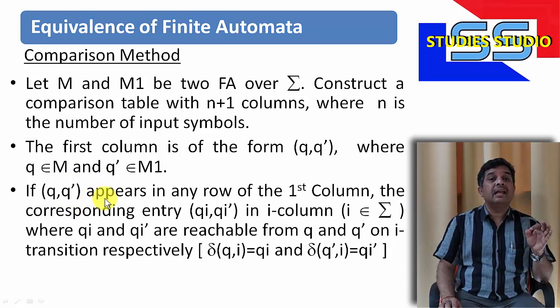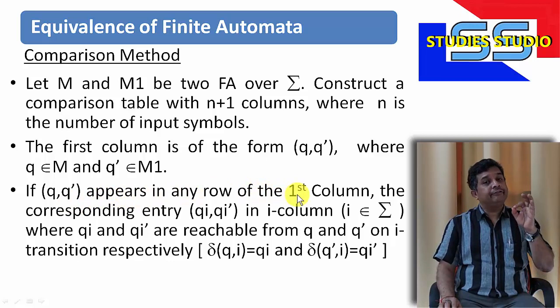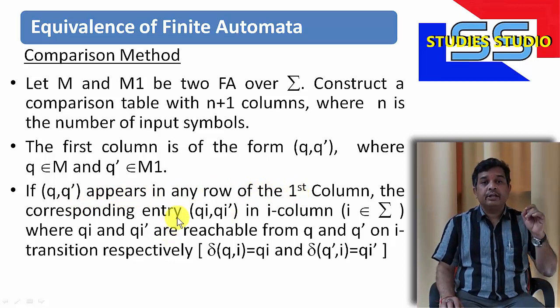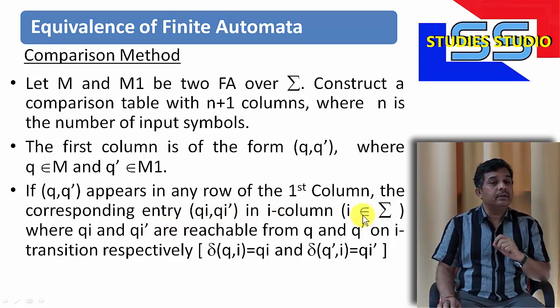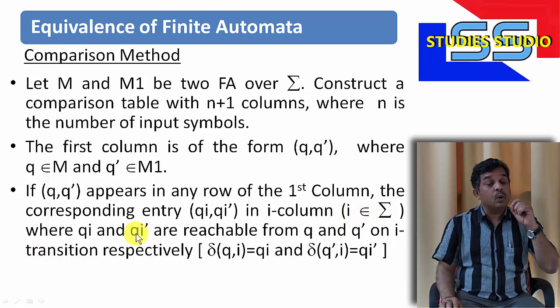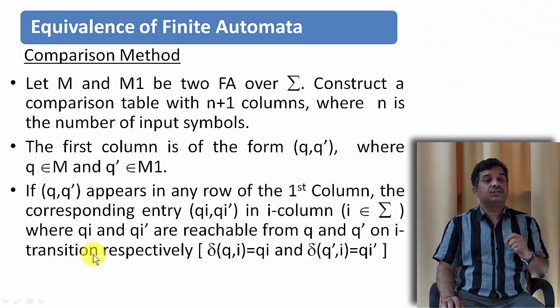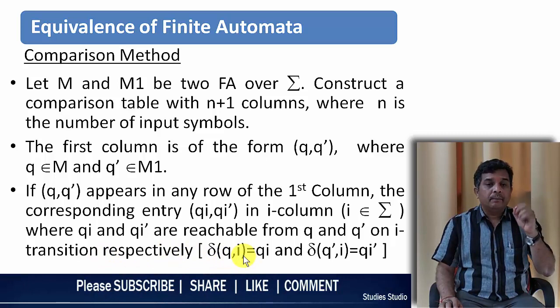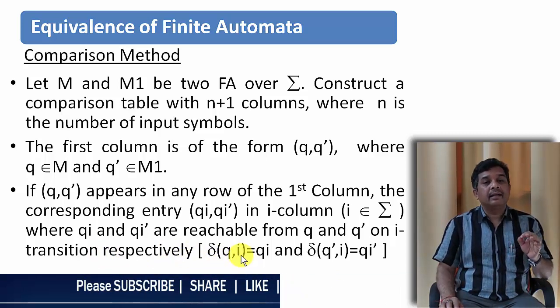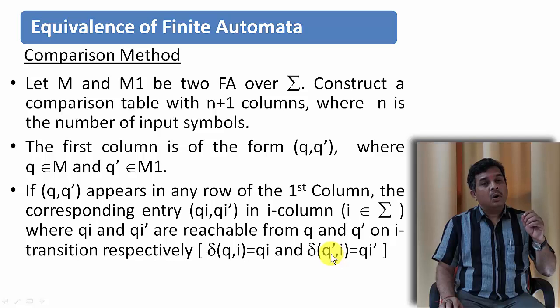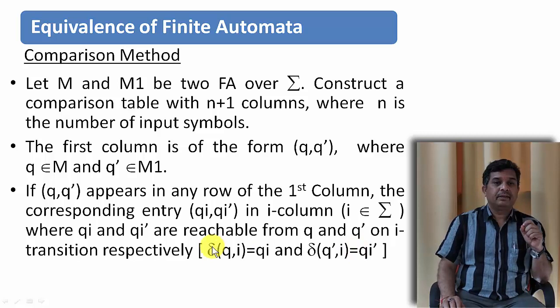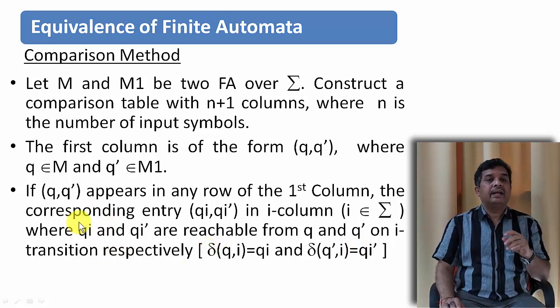If a pair Q, Q dash appears in any row in the first column, the corresponding entry Qi, Qi dash in the ith column, where i is the input symbol, is such that Qi and Qi dash are reachable from Q and Q dash on the i transition respectively. It means the transition on state Q by the given input symbol i I am writing as Qi. Similarly, on Q dash, the transition on input symbol i is Qi dash.